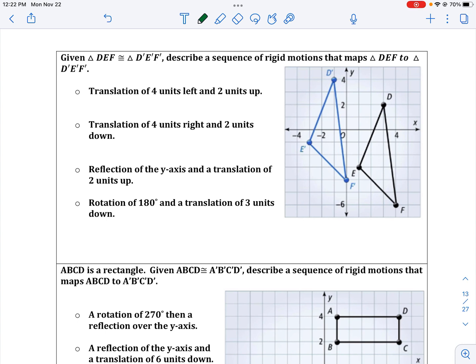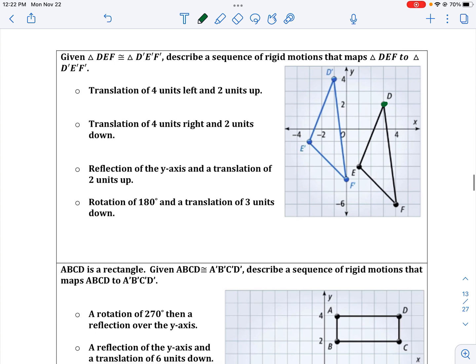Next, we need to pick just a point. I'll pick point D in our original, and I'll follow the steps in all the options. A translation of 4 units to the left, and then up 2 units, and look at that, I end up on D prime. Since I ended up on D prime, that is my answer.